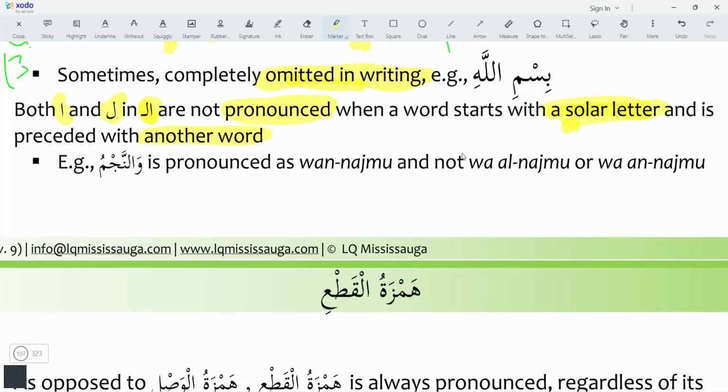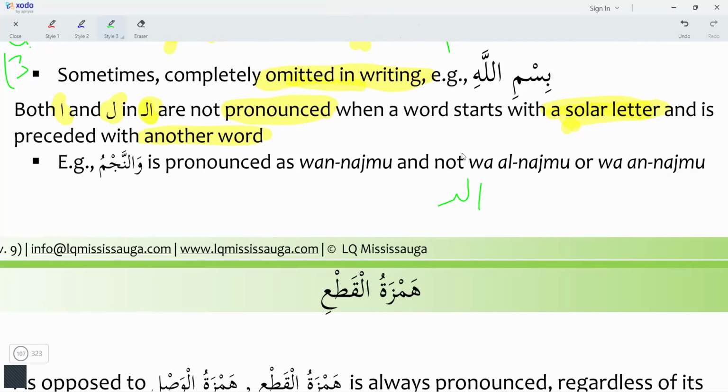Like wan najmu. Here this is a solar letter. We don't pronounce the lam.